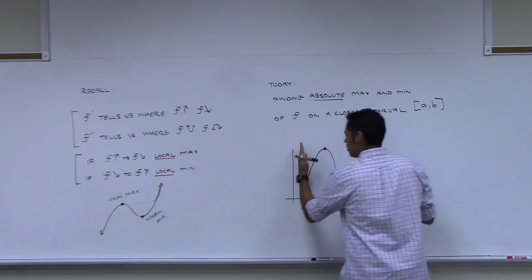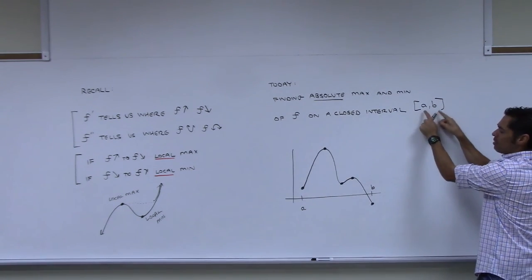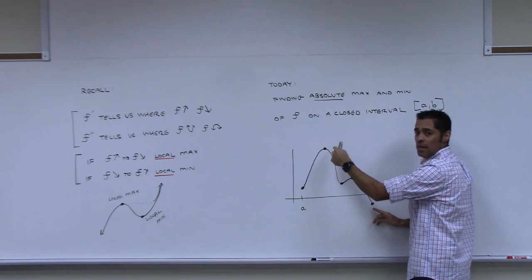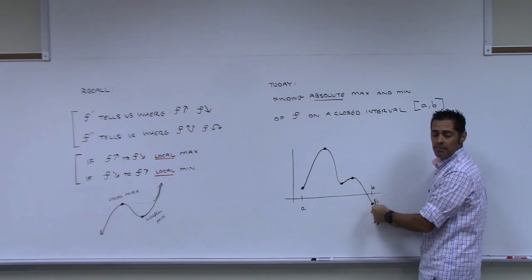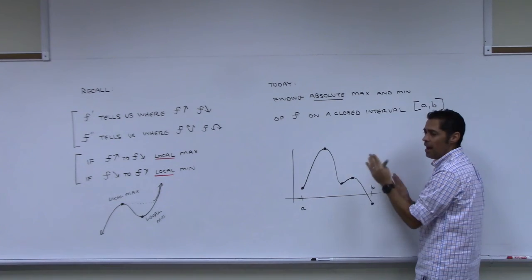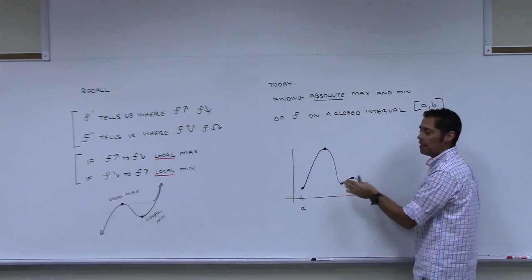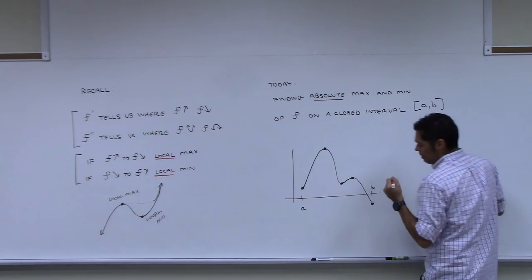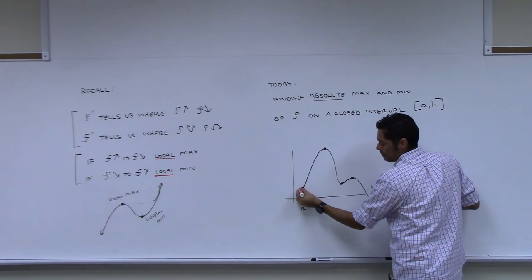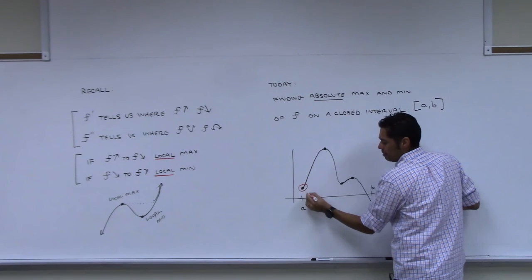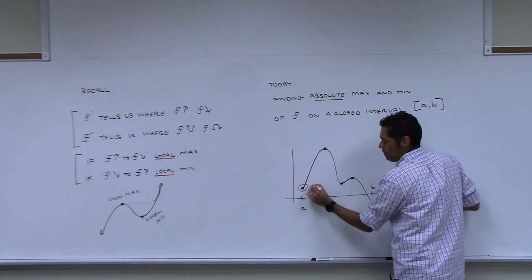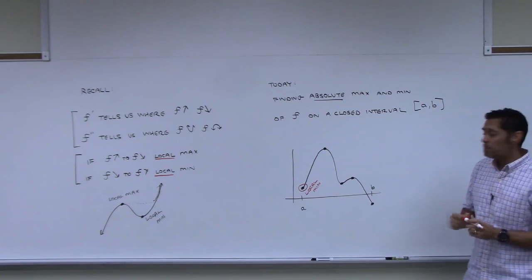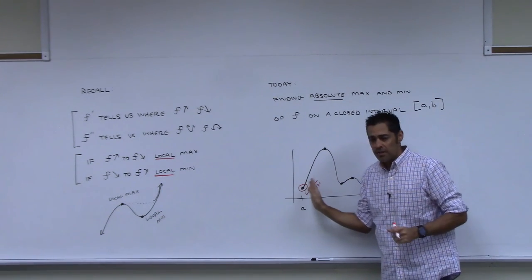And so if we can start it and stop it somewhere on some closed interval, then our function must have a highest point and must have a lowest point. Make sense? And how do we go about determining the absolute max and absolute min? So let's talk about this point right here. This point right here would be a local minimum because it is the lowest point in this little region.